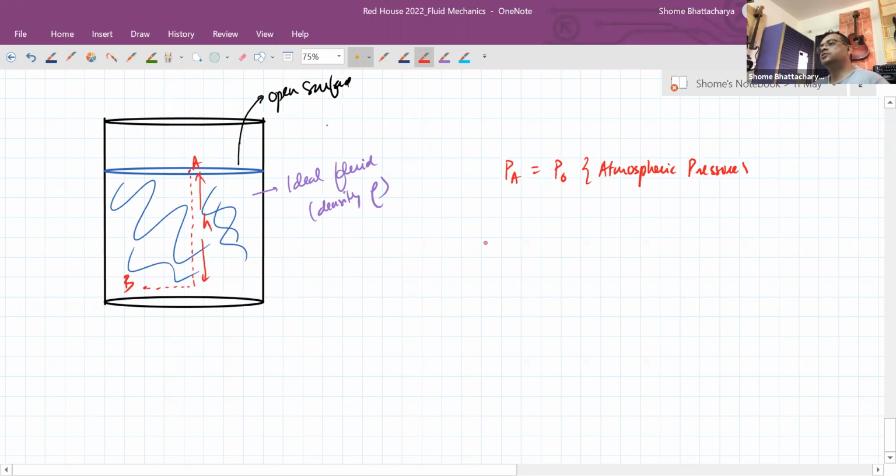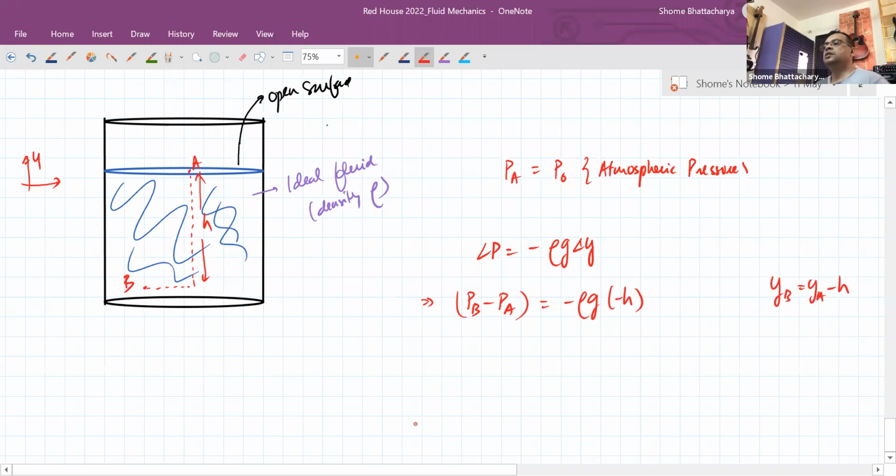So if we consider this now, delta P is minus rho g delta y, for the y axis being vertical. So we can see that pressure at B minus pressure at A will be minus rho g into minus h, because the y coordinate of B is equal to the y coordinate of A minus h. It's down.